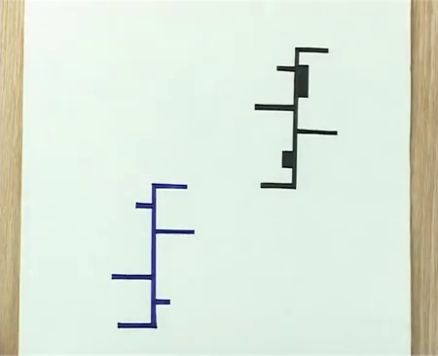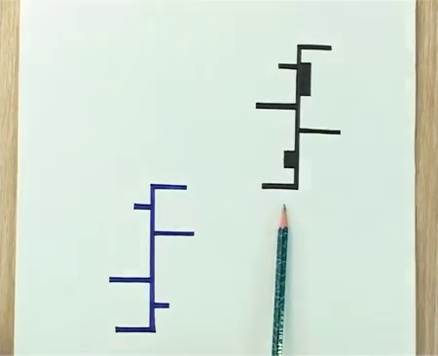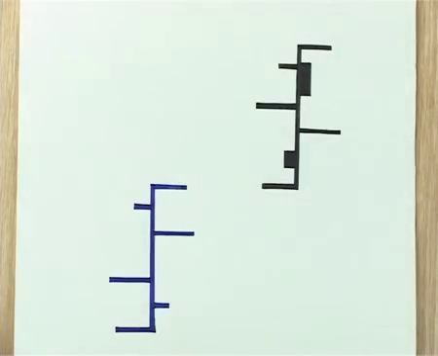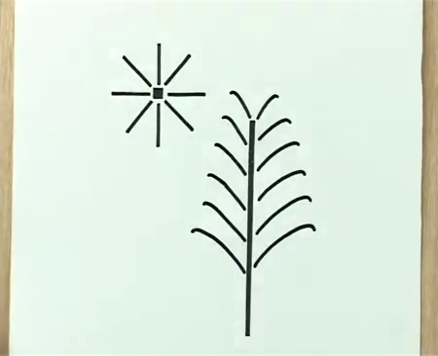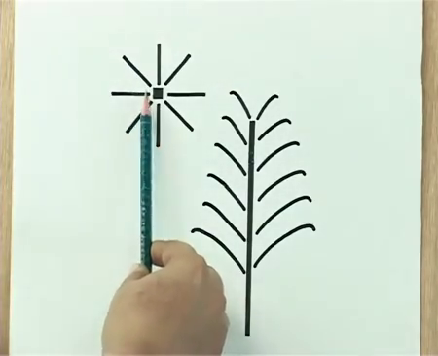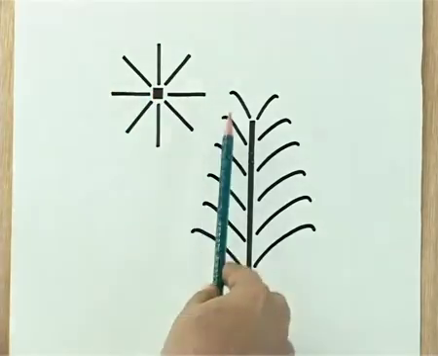Whenever balance is to be considered vertically, that is about the vertical axis, it is called vertical balance. Further, it may be symmetric or asymmetric. Whenever everything is arranged around the center point, it is called radial balance.